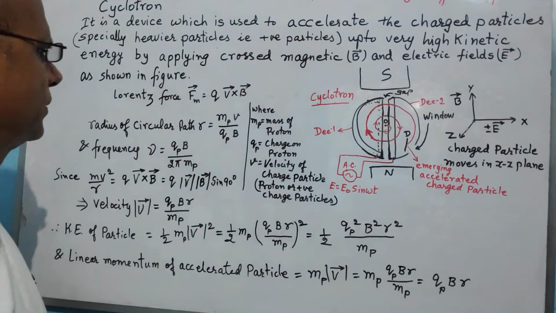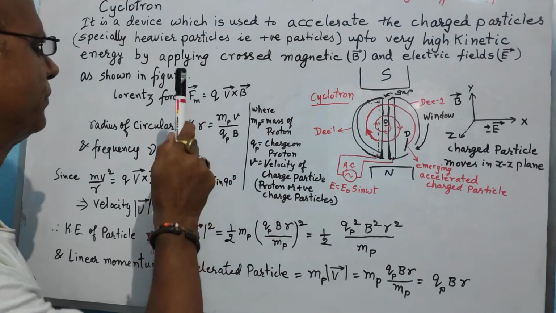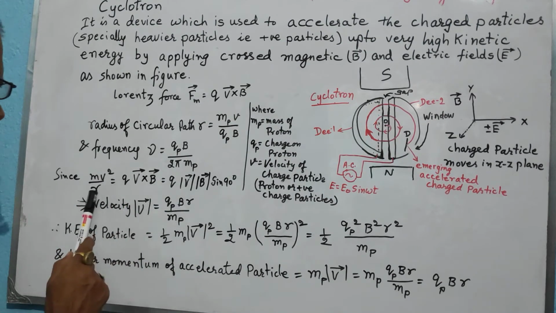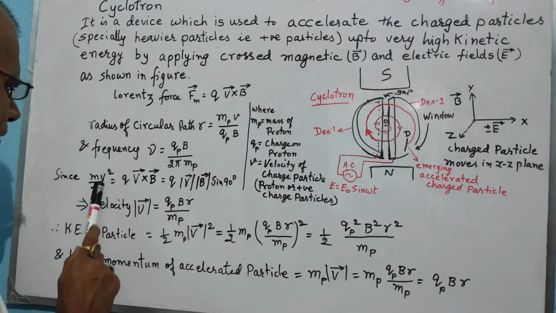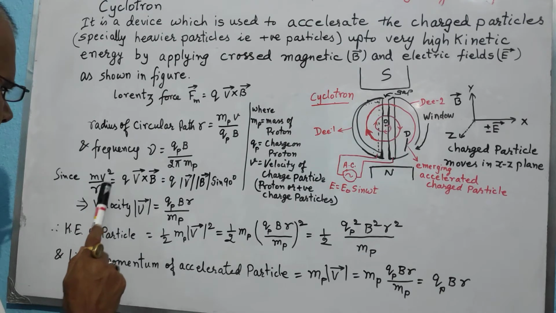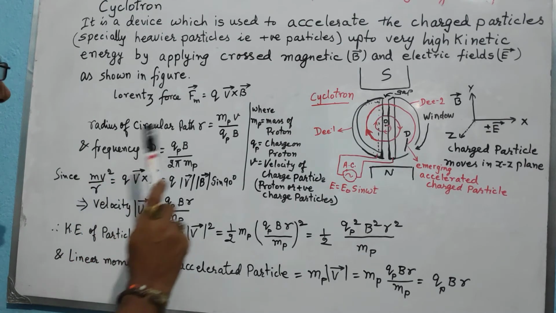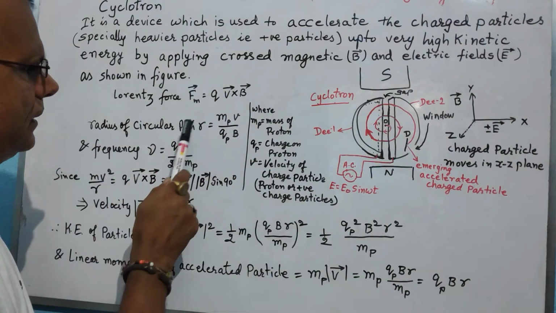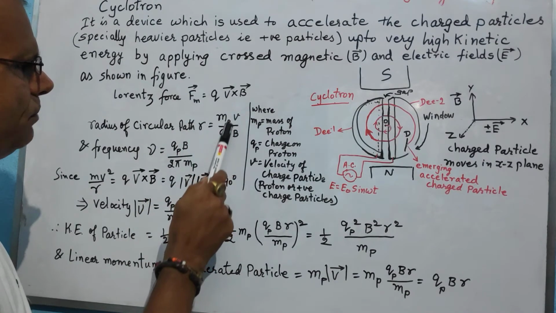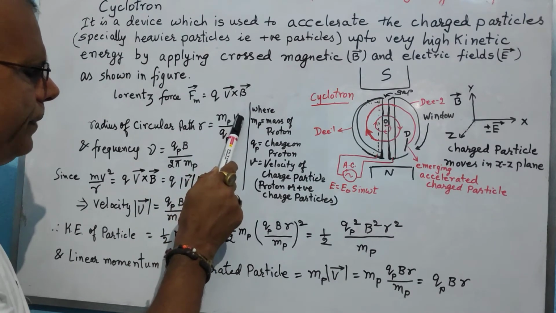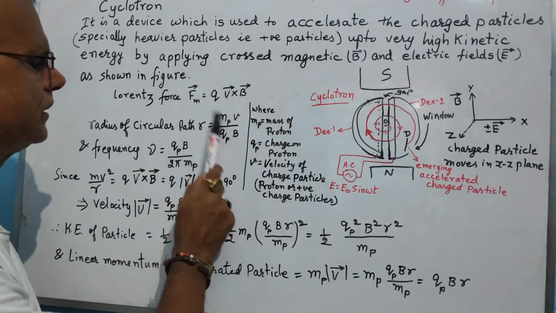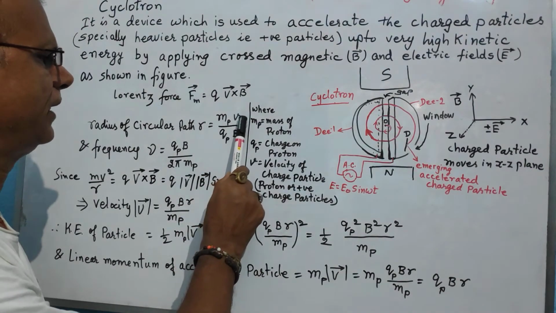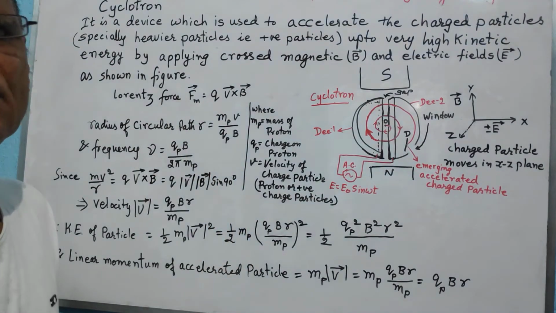Once this Lorentz force increases, you see that the Lorentz force is providing the necessary centripetal force, and therefore the radius of the circular path, as we have already calculated earlier, will be equal to mv divided by qB. You see the mass of the charged particle is fixed, charge and magnetic field are fixed, so if we increase the velocity, the radius of the path also increases.